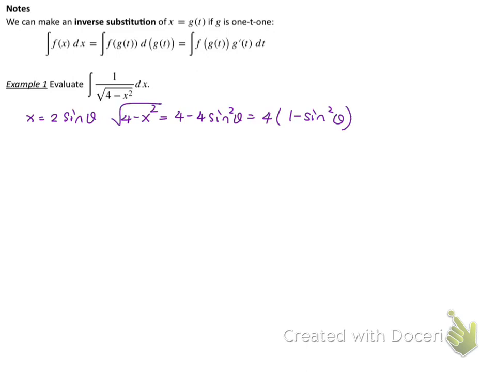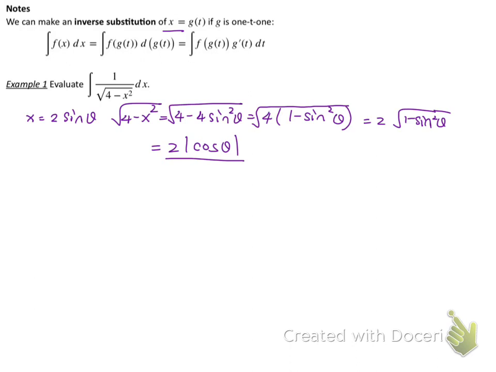Now when you take the square root of this, that will be 2 square root of 1 minus sine squared theta, which will be 2 absolute value of cosine theta. If somehow you can make x a function that is 1-to-1 in terms of theta, and also if you can make cosine theta positive, it will be just 2 cosine theta.